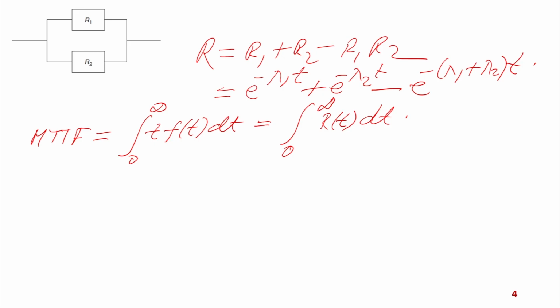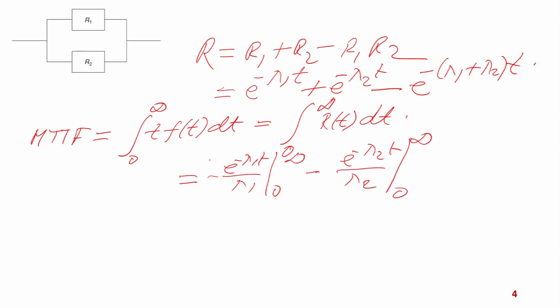If you integrate this term, the first term will give you e to the power minus lambda 1 t by lambda 1, from 0 to infinity, then you will have the other term with lambda 2, from 0 to infinity, then minus, then it will be plus, e to the power minus (lambda 1 plus lambda 2) t divided by (lambda 1 plus lambda 2).